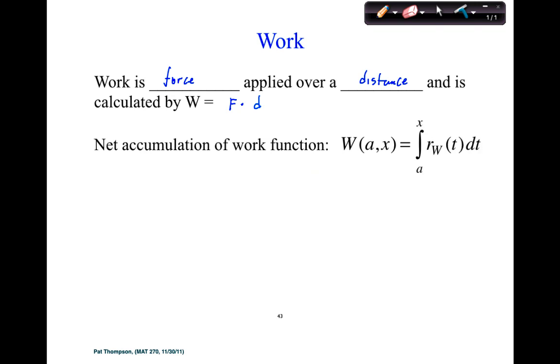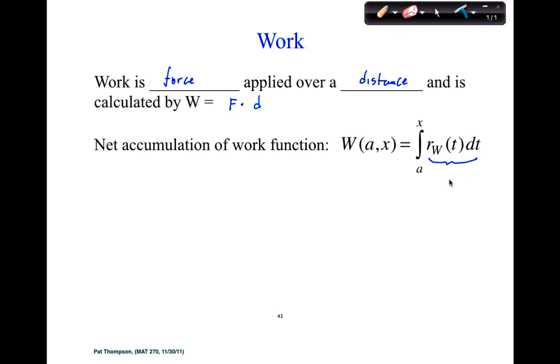This is the same thing, no matter what quantity we're dealing with. Volume, area, work. What else have we done? Surface area, arc length. If we're accumulating, then we can express it as the sum of little changes of that quantity. It's not the accumulation of the rate. That's something I often hear students say. We're not accumulating the rate. What are we accumulating? Little bits of whatever quantity you've got.